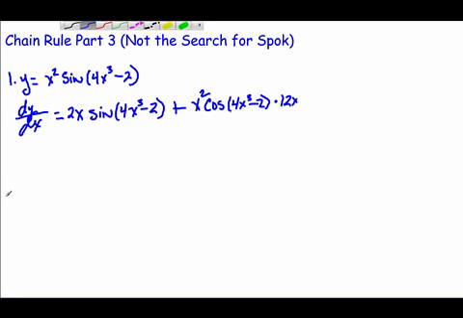Product rule. Well, let's look at a different type of product rule question. The key is to remember, just do everything with the product rule like you would normally do, but pay attention to components that may need the chain rule applied. All right, so let's look at another one.